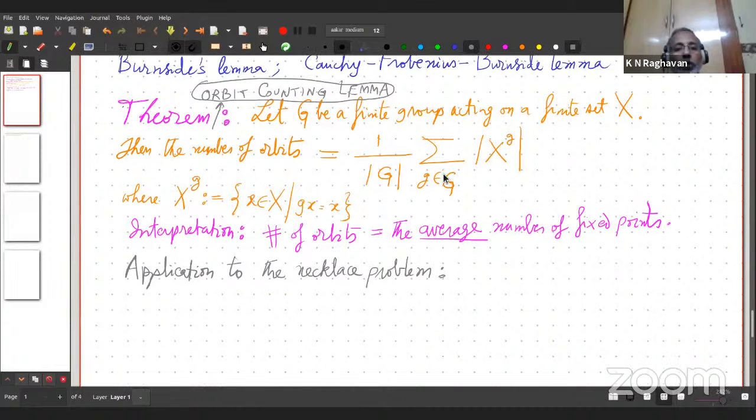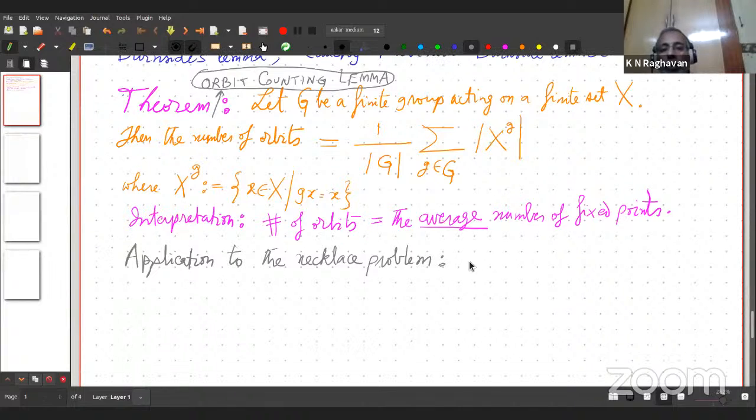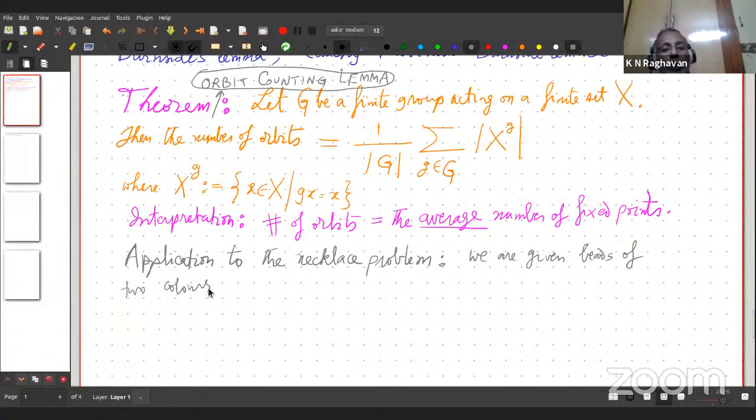Okay, so let us recall what our problem was. I hope you remember the problem. We are given beads of two colors. The question is, how many different necklaces? Let's say these colors are red and blue. You can choose any two colors; we had chosen blue and red.